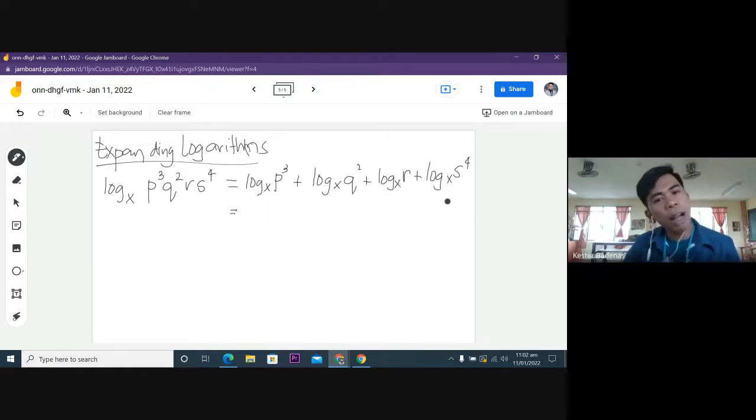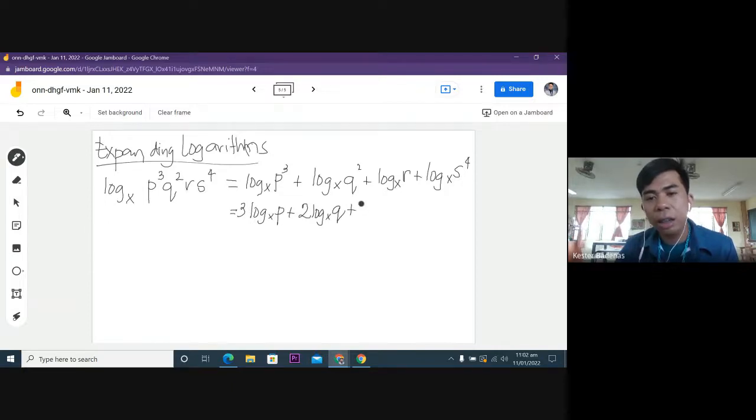Next, may quotient ba? Wala. So, isunod si power. Ibaba lahat ng exponent ng product. So, we have 3 log p base x plus 2 log q with the base x plus log r with the base x plus 4 log s with the base x.